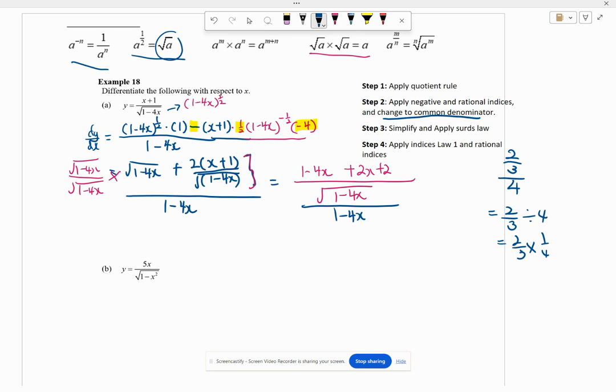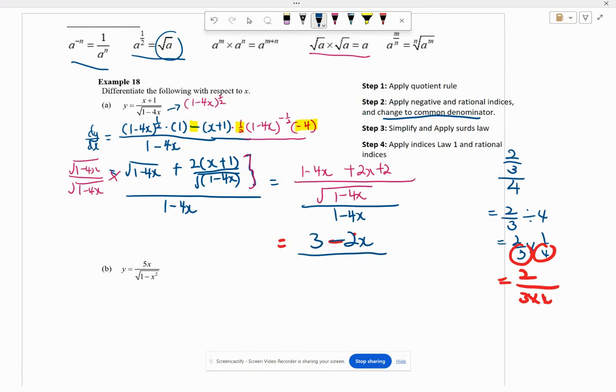You just multiply the 3 and the 4 together, and you have 2 over 3 times 4, right? So same thing here, we simplify first. So 2x minus 4x will give you minus 2x, and 1 plus 2 gives you 3.